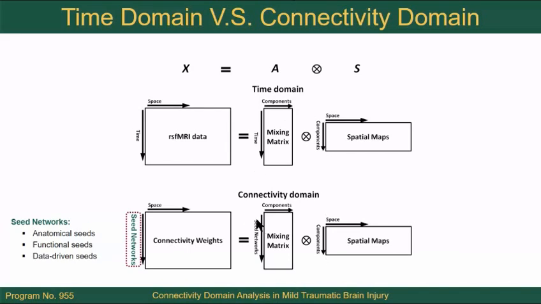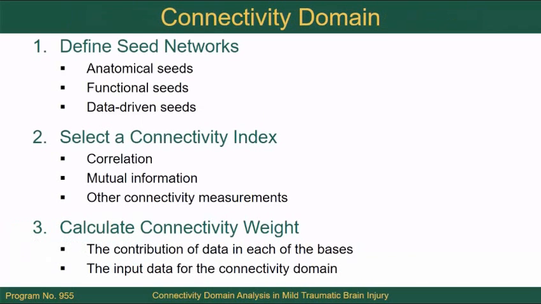And we also have this matrix here, which in the time domain was hard to do any kind of analysis on because there was lots of inter-subject variability. But what we found here is that when we do it in this domain, this matrix actually becomes very useful in making comparisons at the group and individual level.